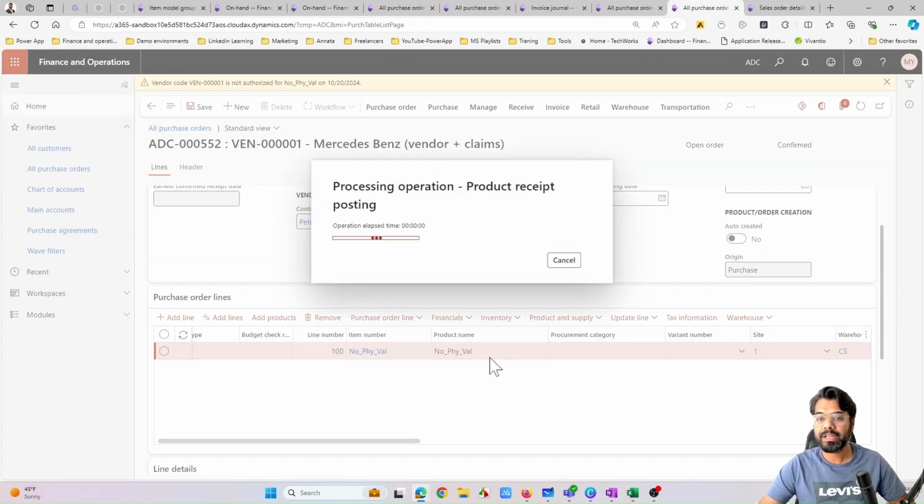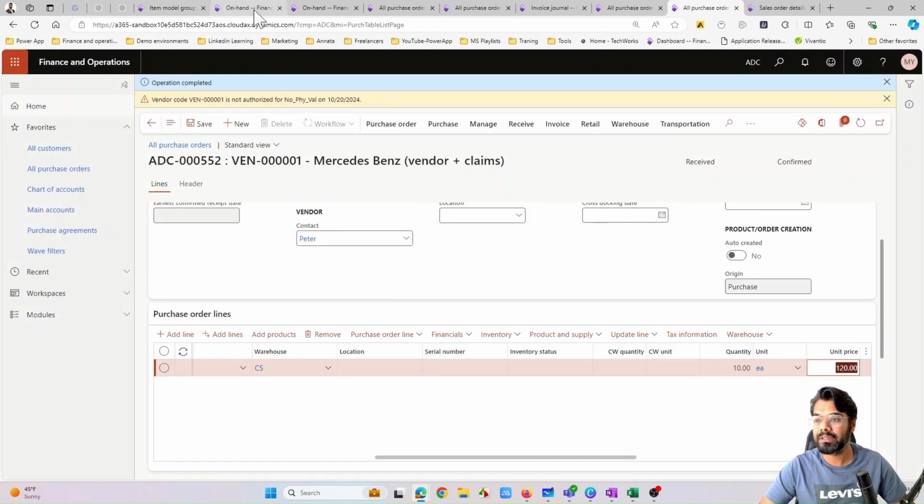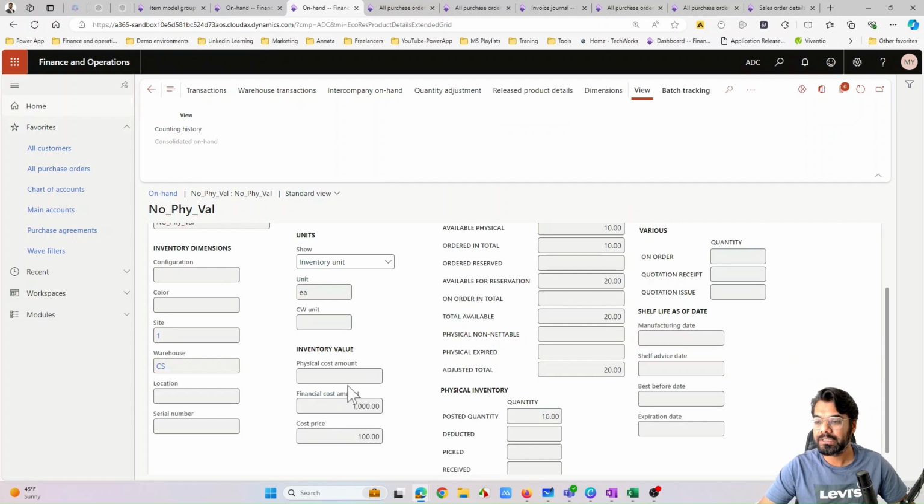Now that I have received the PO, in the previous example we saw that the physical cost comes into the picture and the system automatically changes this to include the physical and financial together divided by 20. This becomes 110, right? But now if I refresh it, of course the physical cost is here, the financial cost is 1,000, but the running average has not changed to 110.